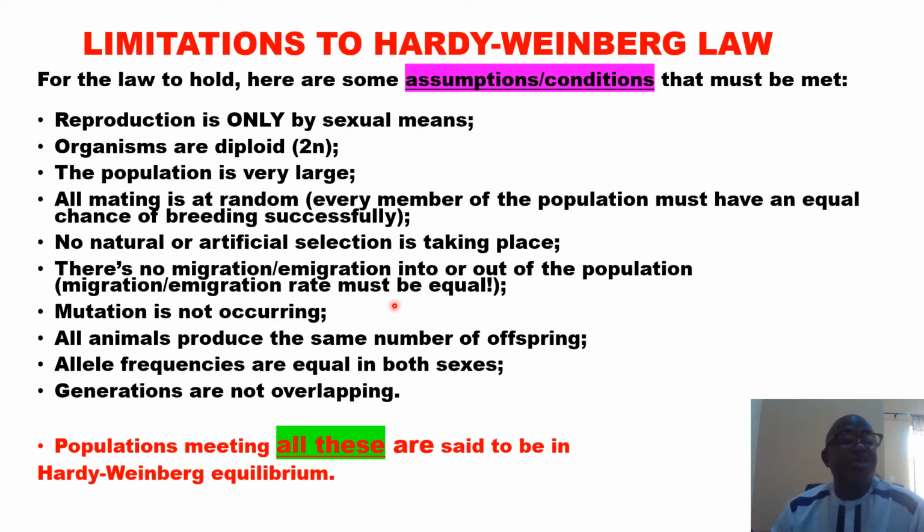But should there be migration or immigration, the rate of migration must equal the rate of immigration. Mutation is not occurring, all animals produce the same number of offspring, the allele frequencies are equal in both sexes, and generations are not overlapping. Any population that meets all these assumptions is said to be in Hardy-Weinberg equilibrium.